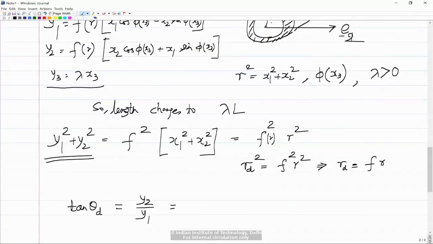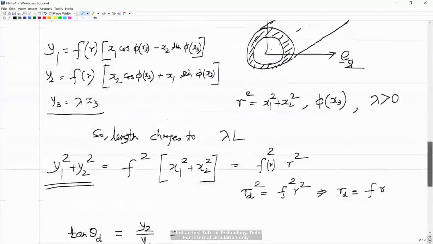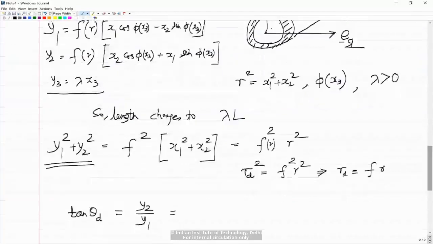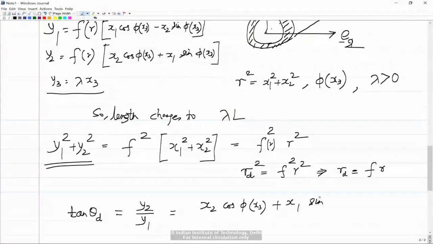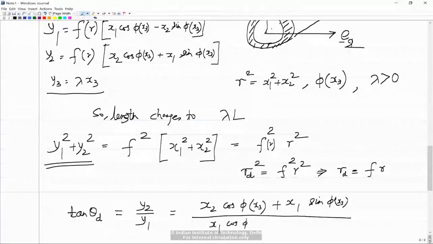Okay, that doesn't look so easy. So this is x2 cos phi x3 plus x1 sin phi x3, divided by x1 cos phi minus x2 sin phi.